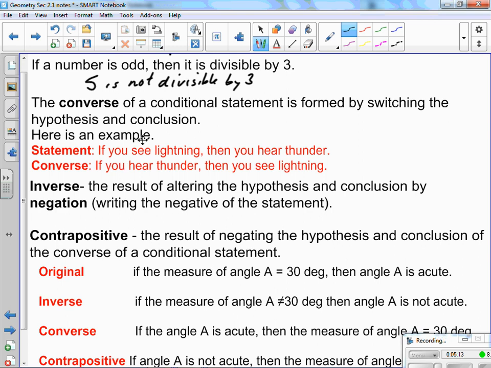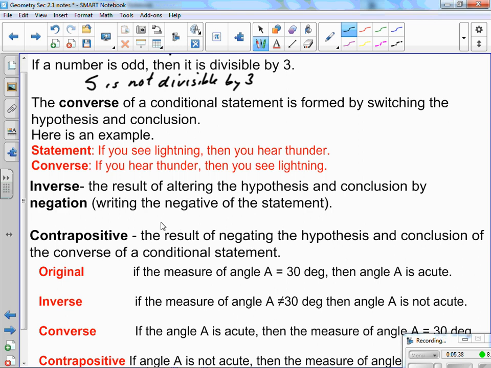So converse switches the order, puts the conclusion in the hypothesis and the hypothesis in the conclusion. Inverse doesn't change the order, it just takes the original statement and puts negations into it, or puts the word not into it on both ends, the hypothesis and conclusion.